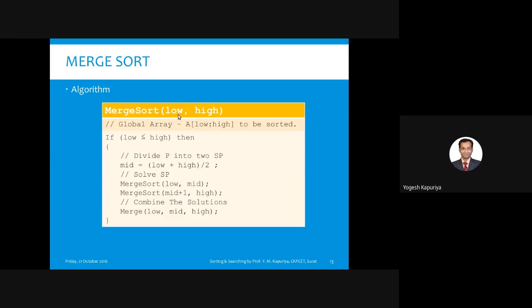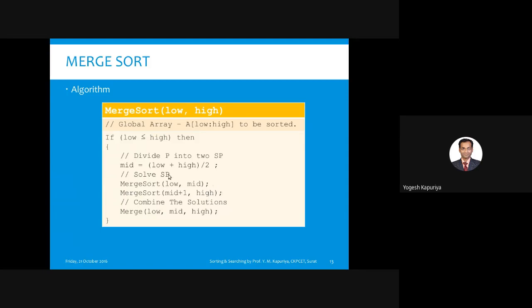Obviously we want to sort on two ranges: low to mid and mid plus 1 to high. So we are calling the same algorithm on these two different parameters. This indicates the first part or the first sub problem, and this indicates the second part or second sub problem, mid plus 1 to high.